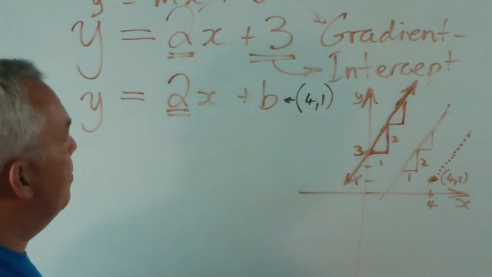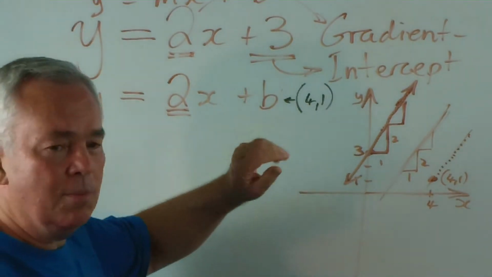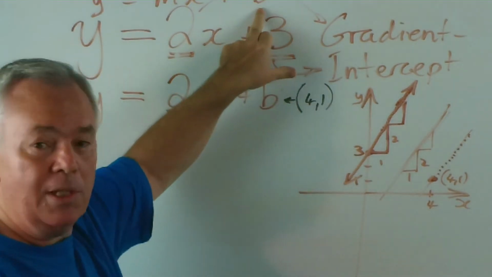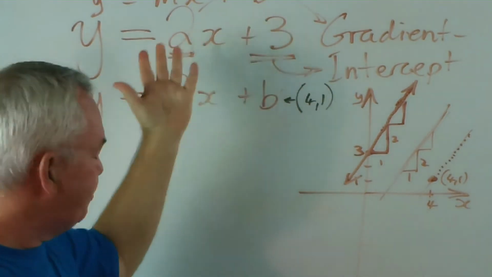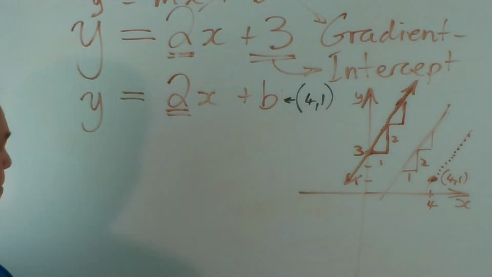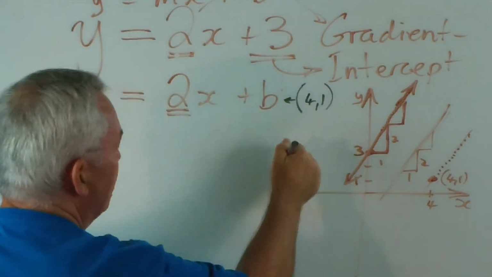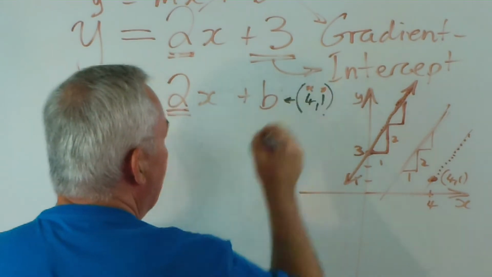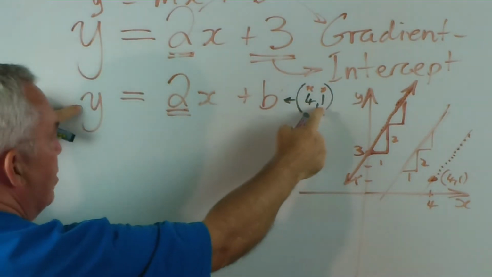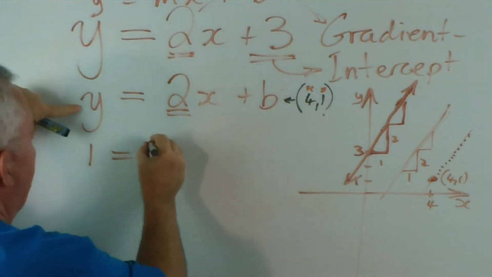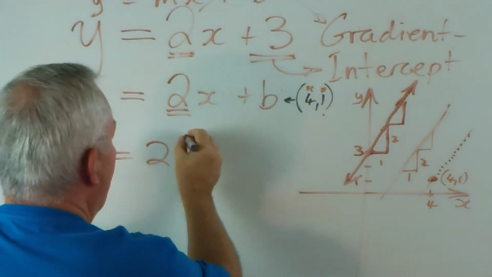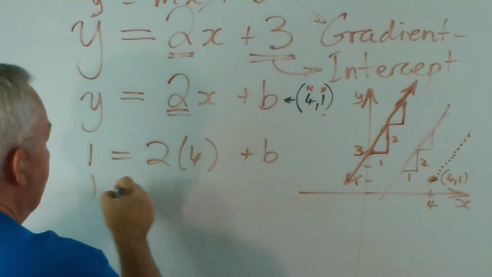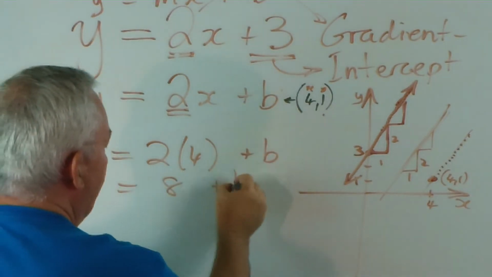I believe in some other countries, I've seen some texts from the United States and one or two other countries that use a c here, mx plus c, it really doesn't matter. But if we substitute 4 for the x value and 1 for the y value, so in place of y we put a 1, in place of x we put a 4, we would solve this. 2 4s are 8.